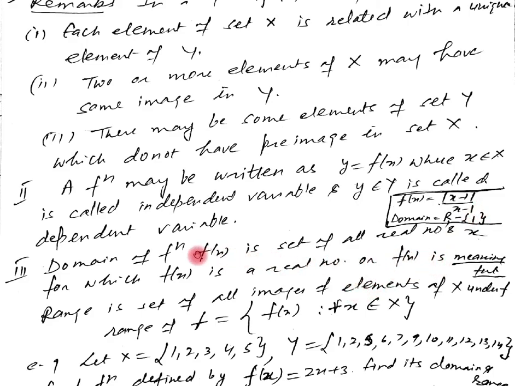Listen to it again. All our functions are defined on the set of real numbers, so they are known as real valued functions. Here the domain of the function is the set of all real numbers x for which f(x) is a real number, or f(x) is defined, or f(x) is meaningful. See this example again: f(x) = |x - 1| / (x - 1).